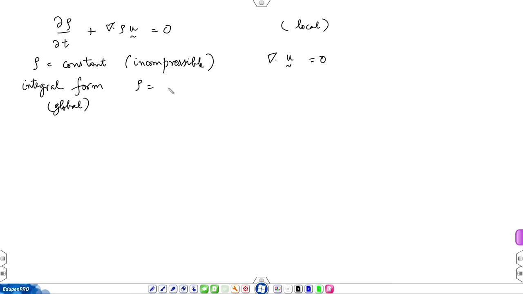This is, let us say, rho equal to constant. We have integral over C s of u dot n ds equal to 0. Okay. So, the derivative of rho with time is 0, and then in the second term rho is constant, you take it out and then it cancels off.